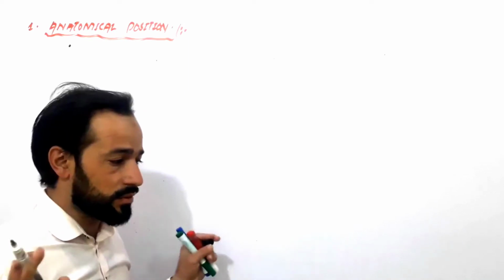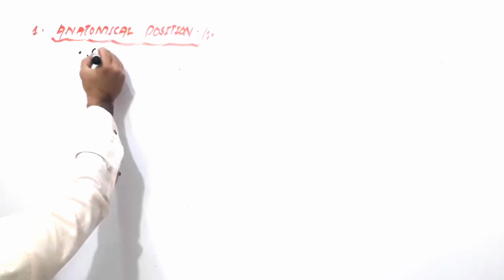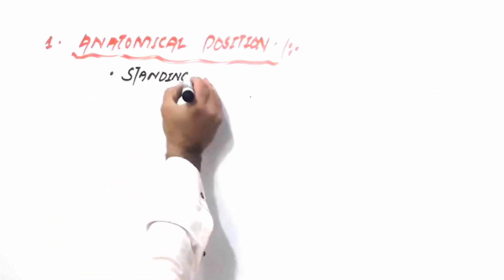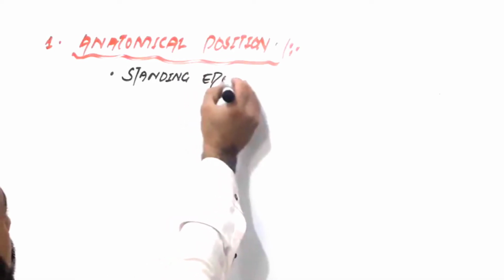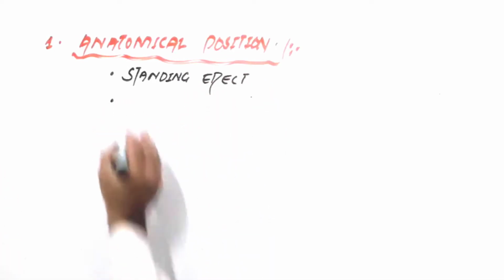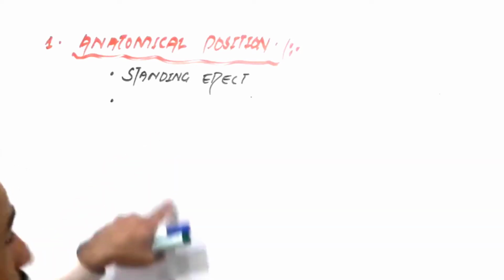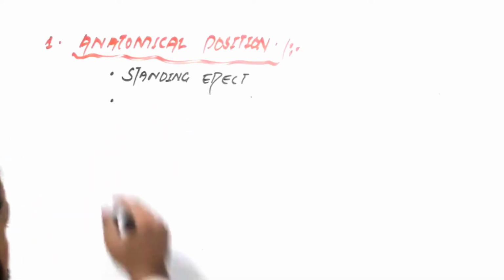If someone says stand in anatomical position, first of all you have to stand erect. So the first point is standing erect. You just write these points, then in the end, in the video, we will clear them up.